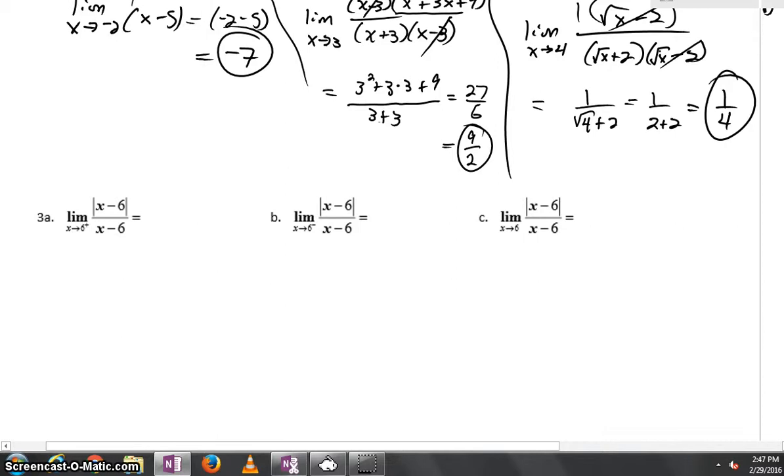Here's something that you need to be aware of. If I gave you the absolute value of x, would you agree that there's a piecewise definition that the absolute value of x could be x or the opposite of x? Right? And would you agree that's if x is greater than 0 or if x is less than 0? Usually kids look at that and they'll say, I believe that.